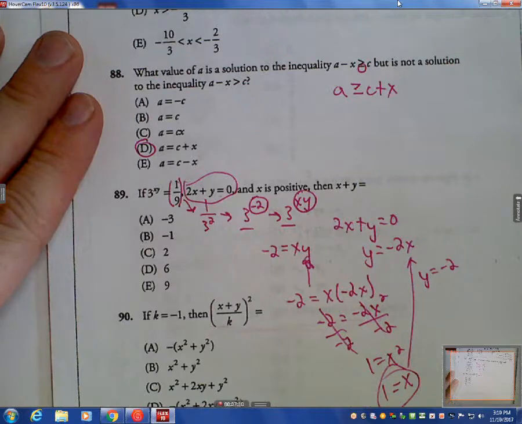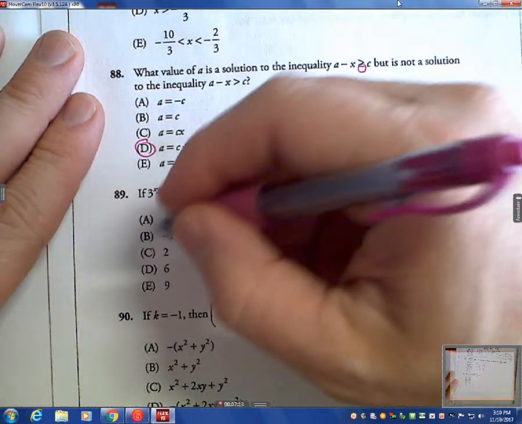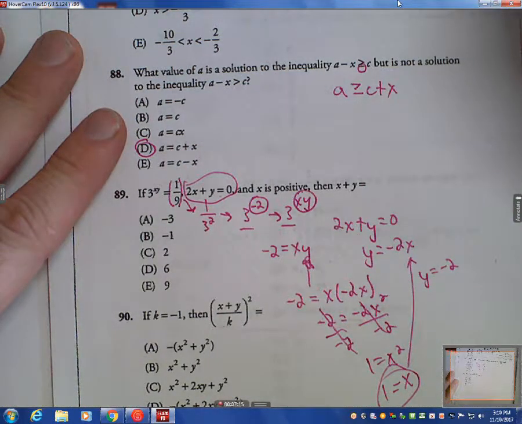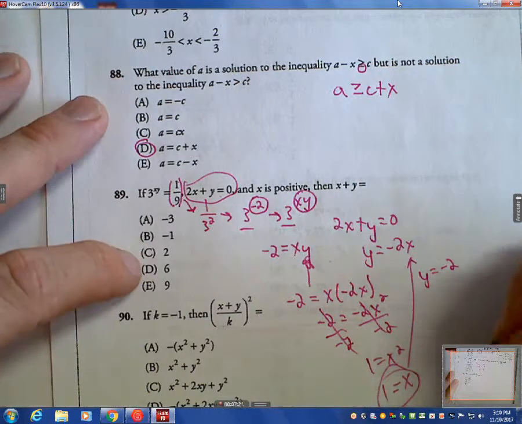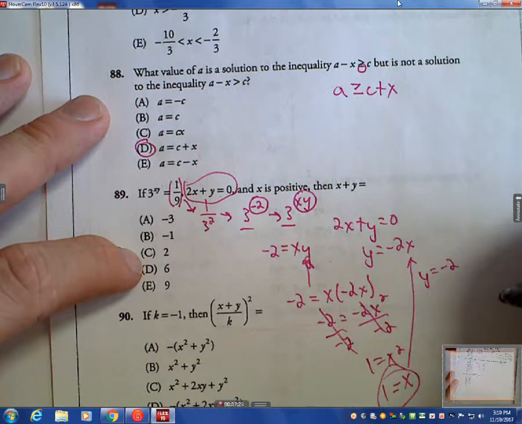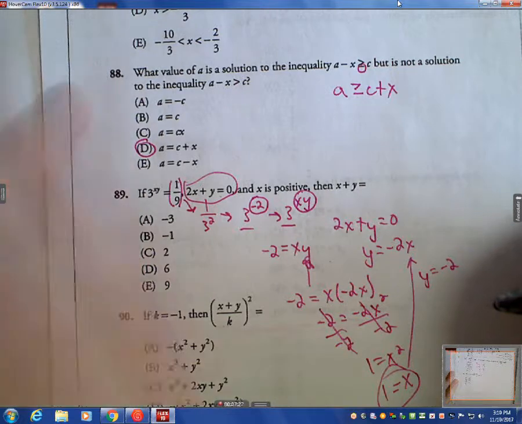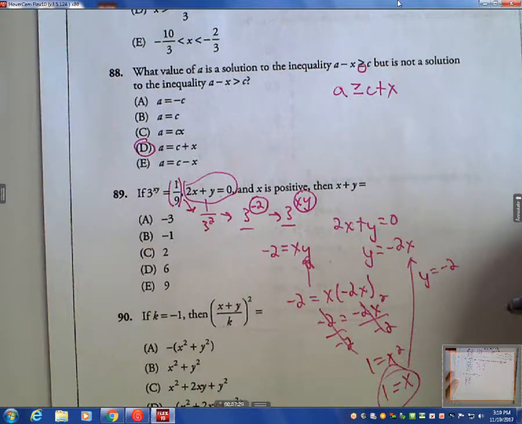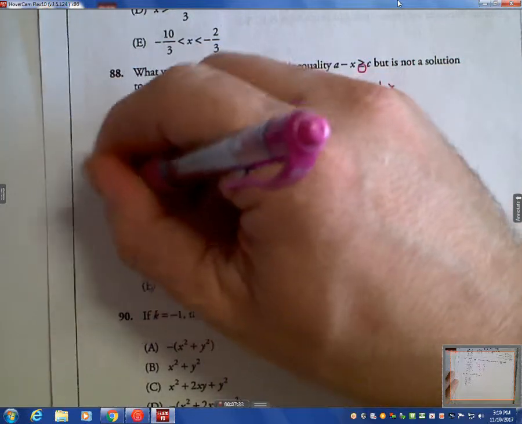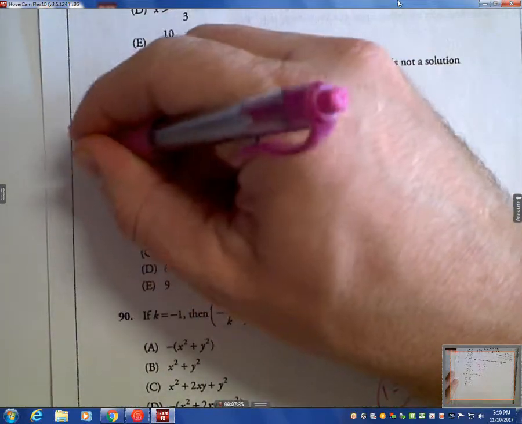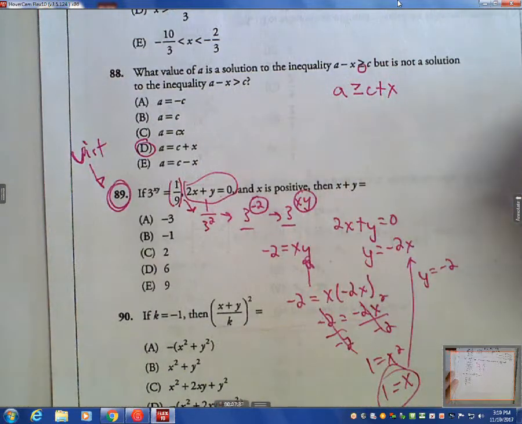So 2 times 1, negative 2 times 1 would be, where did we mess up? Oh, x equals 1. Where did I mess up? Let me look at this more, and we will visit this in class so I can look at it more clearly.